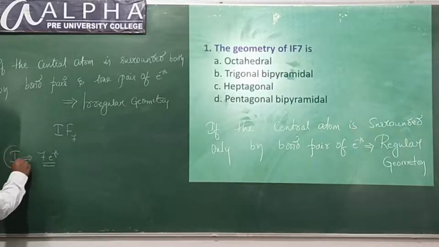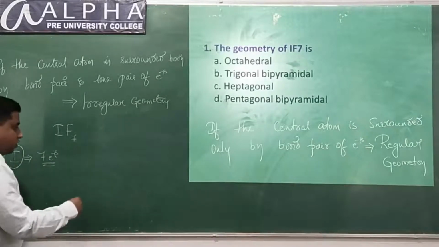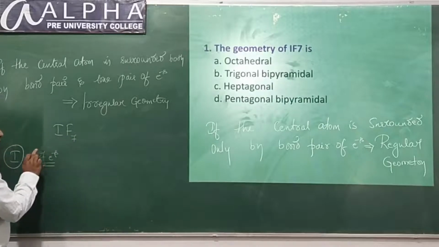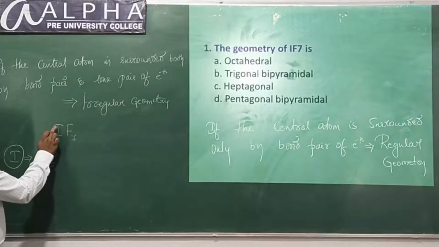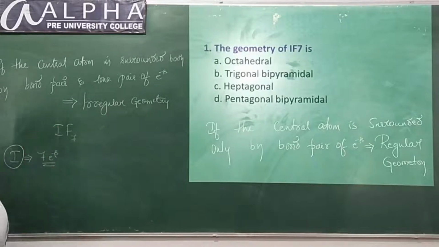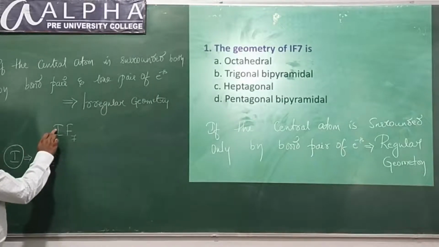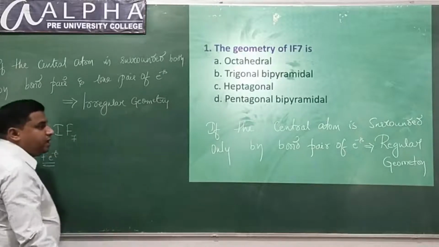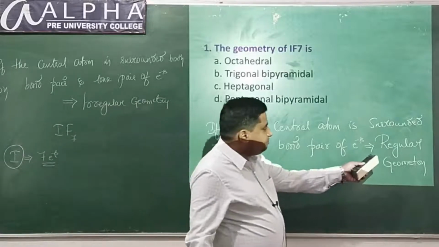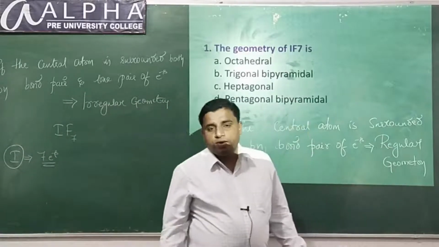So iodine has 7 valence electrons. It has shared all its 7 valence electrons with 7 fluorine atoms. That means there are no lone pairs of electrons on iodine. So iodine is surrounded only by bond pairs. Then it is what type of geometry? It is regular geometry, correct?